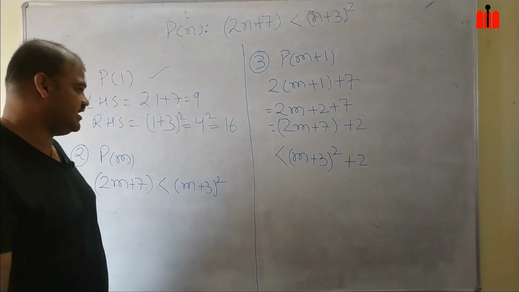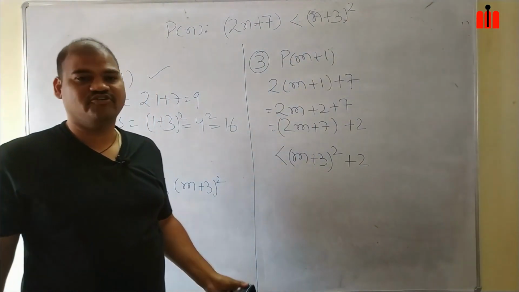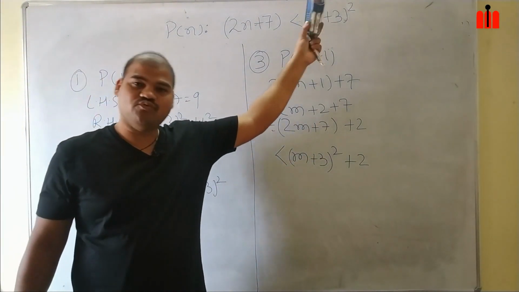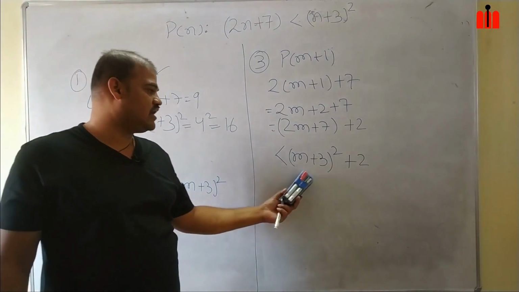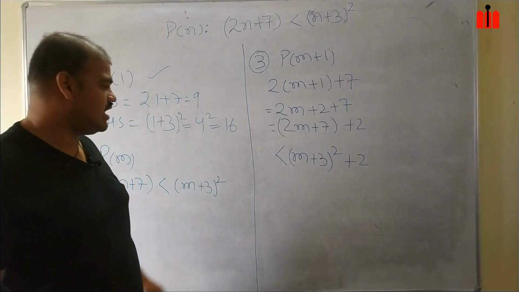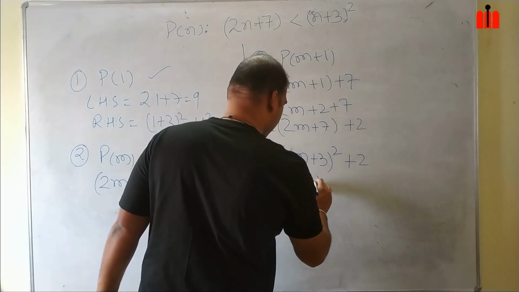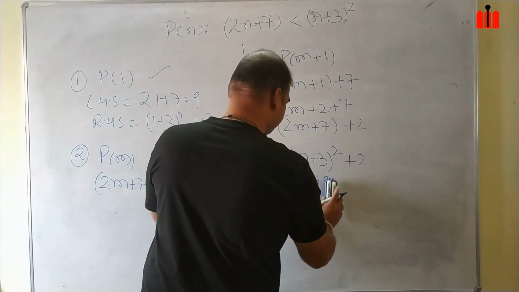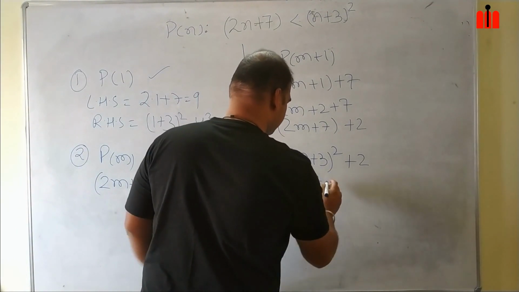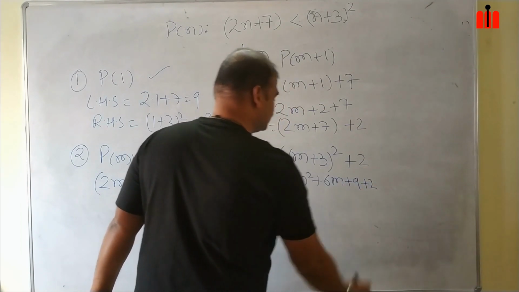Okay, right. Now what should be my RHS for Pm plus 1? It should be m plus 4 whole square. So I have to get here m plus 4. Now let's work towards how to get m plus 4 here. This is lesser than m square plus 6m plus 9 plus 2.